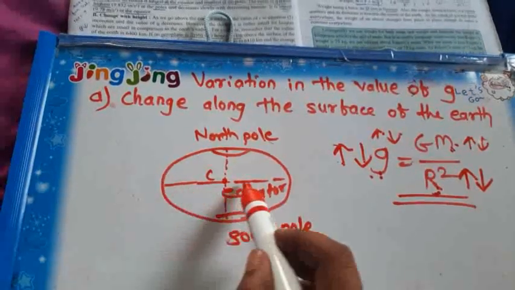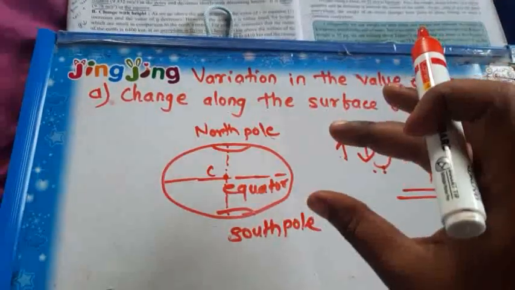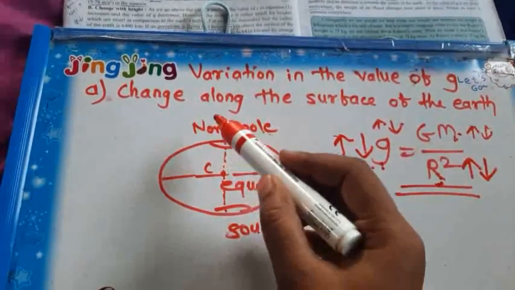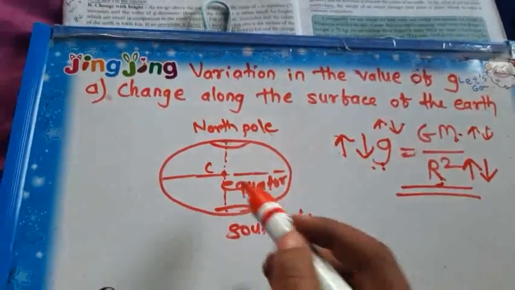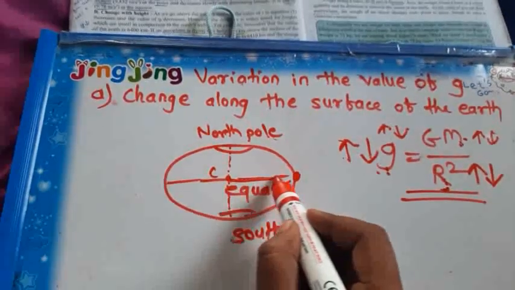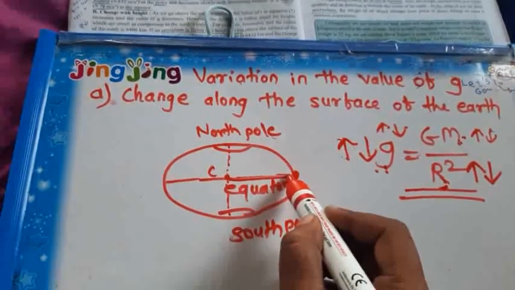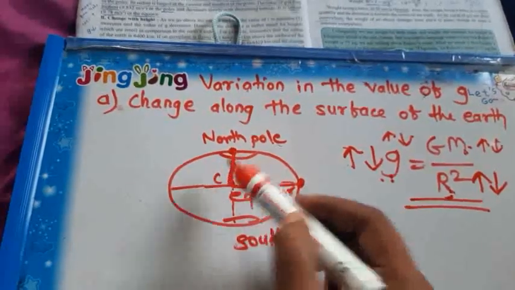This line is shown as the equator. So you can see that it is flattened at both the poles and it bulges at the equator. So suppose the object is here on the equator, this distance is larger, and suppose the object is on the pole, this distance is smaller.